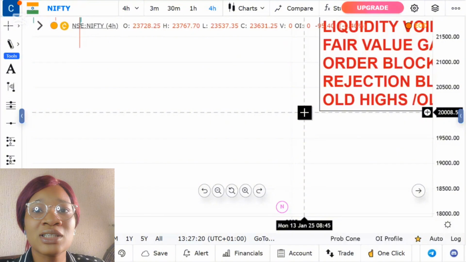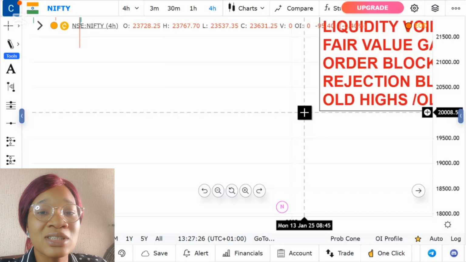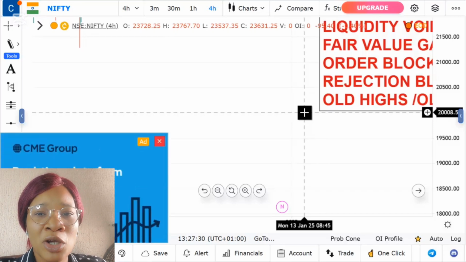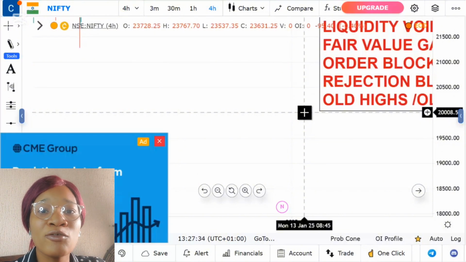It is just a sequential arrangement of all other institutional reference points that the institutions are interested in taking their impulsive movement from. You know, when you look at your charts and you see those long candlesticks, they are often fueled by the institutions, right? And they take off from other price points that are not your order block.